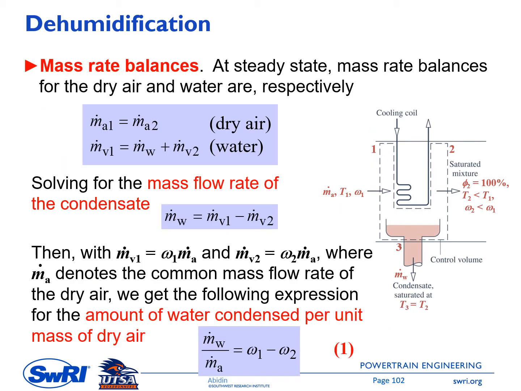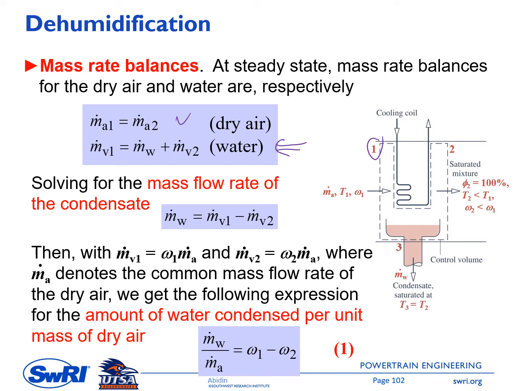First is the mass rate balance. From this system, we know that the dry air mass flow rate stays the same, so m dot A1 equals m dot A2, and then this is the balance for the water. m dot V1 from inlet 1 equals m dot W plus m dot V2.